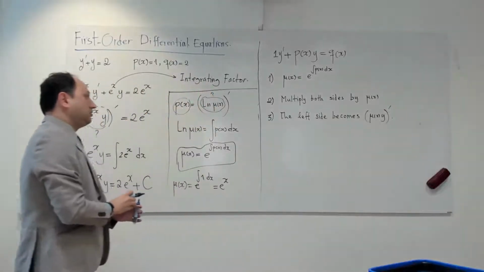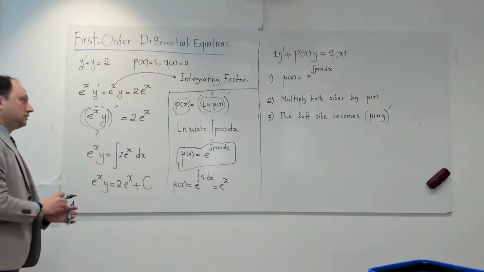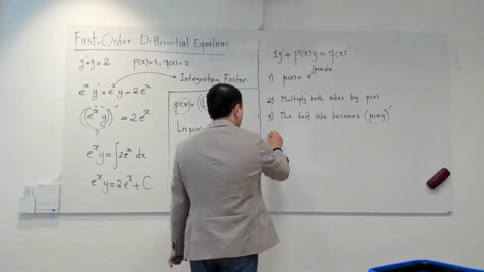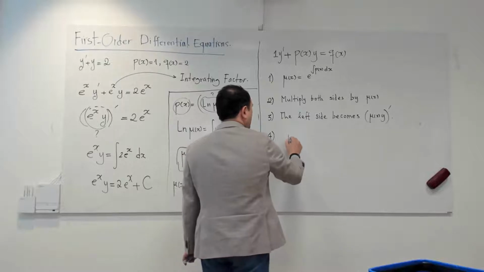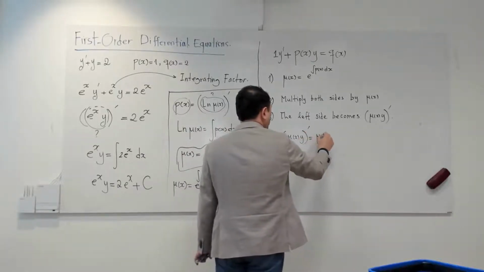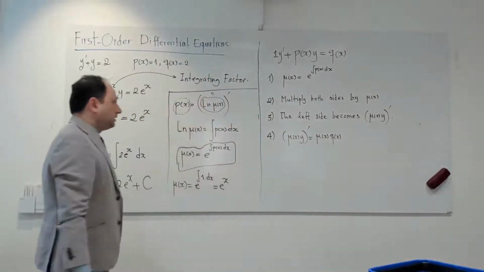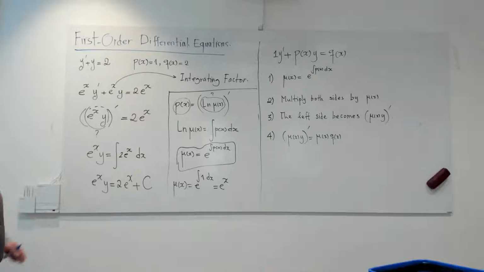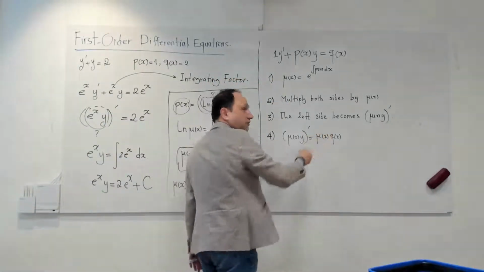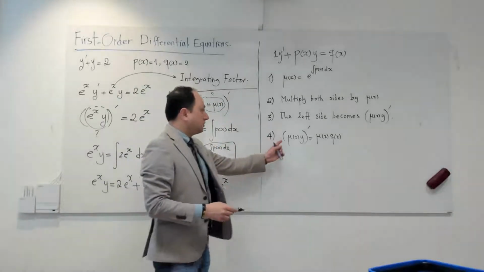You can always check if you want to, but this is always happening. Then this becomes mu of x y totally prime is equal to mu of x times q of x. Agreed? If you multiply both sides by mu of x, of course, the right-hand side, it is clear, it becomes mu of x times q of x, but the left-hand side, because of what I told you, it becomes this one.